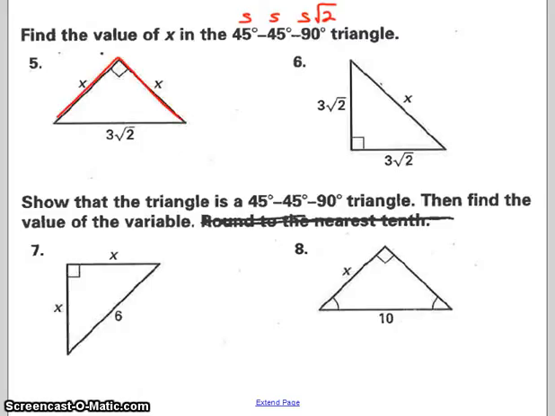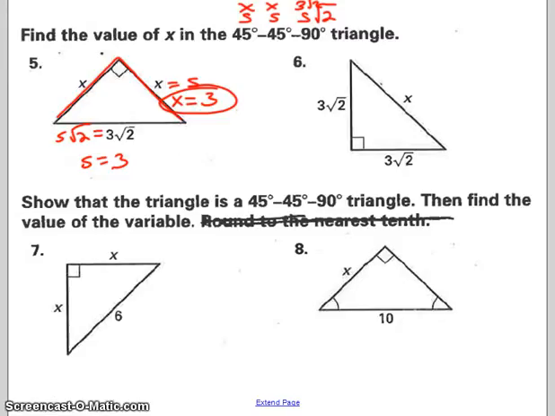We know the side s square root 2 equals 3 square root 2, so therefore s equals 3. If the side s equals 3 and x equals s, then we know that x equals 3.